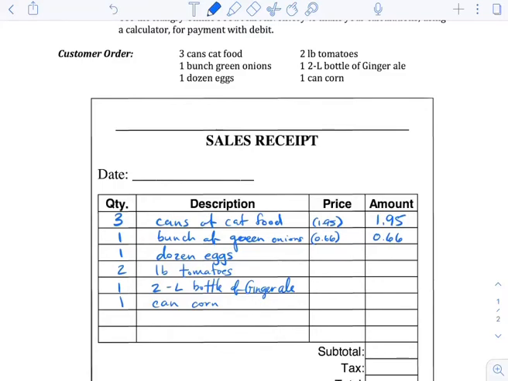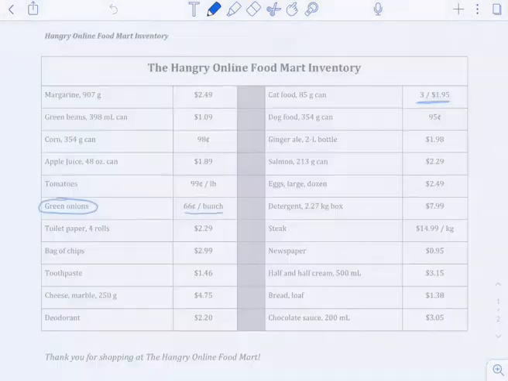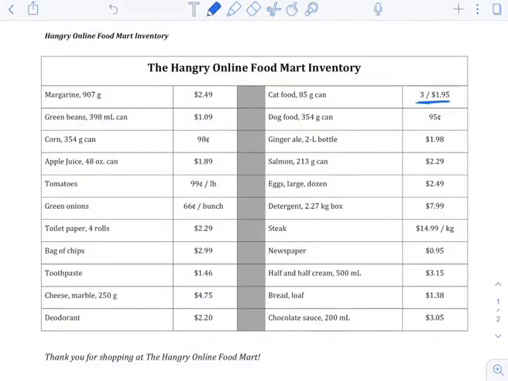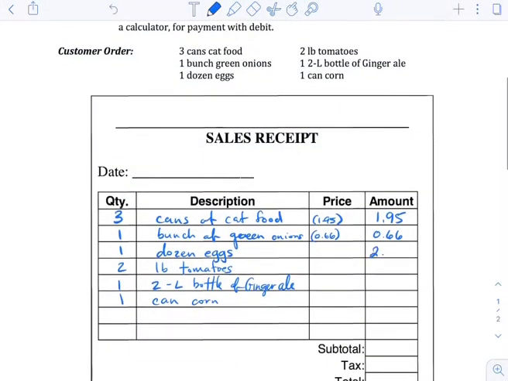Next, a dozen eggs. Let's go back to the menu. We look for eggs, and I see them over here on the right side. I see eggs. 1 dozen is $2.49. Next, 2 pounds of tomatoes.